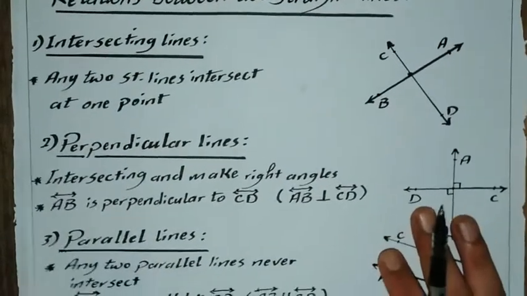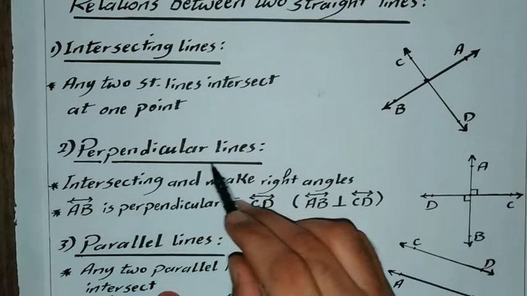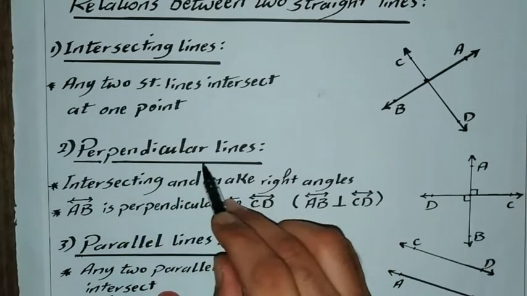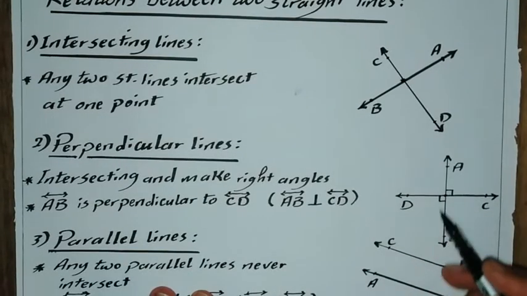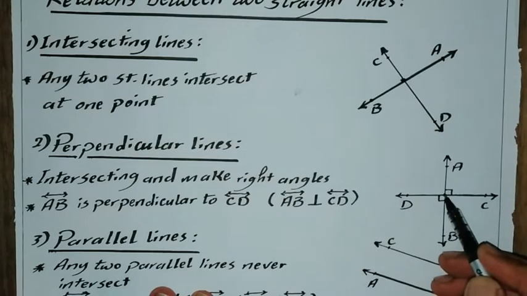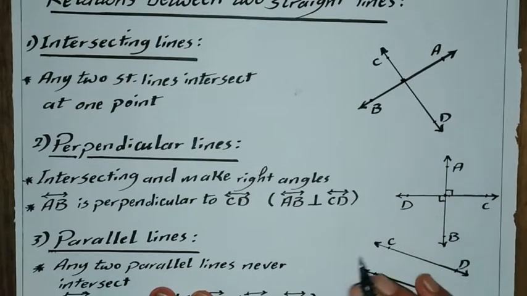The second relation is perpendicular lines. We have two straight lines that intersect at one point, but make right angles.